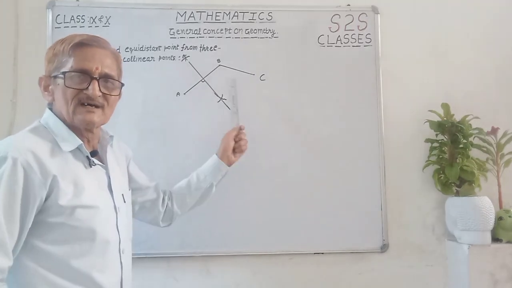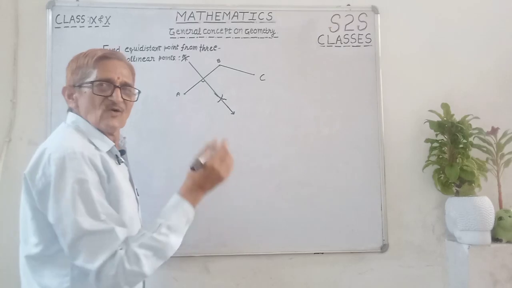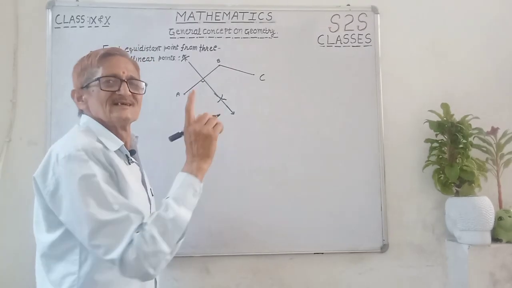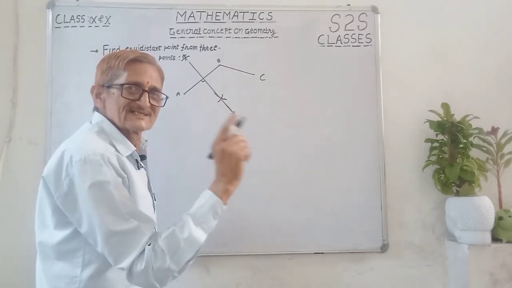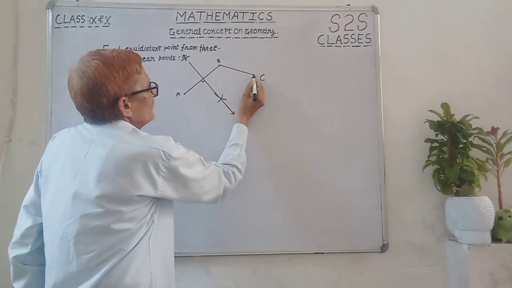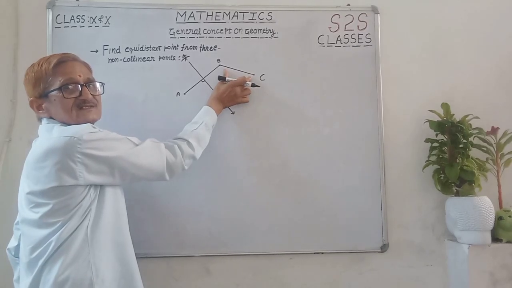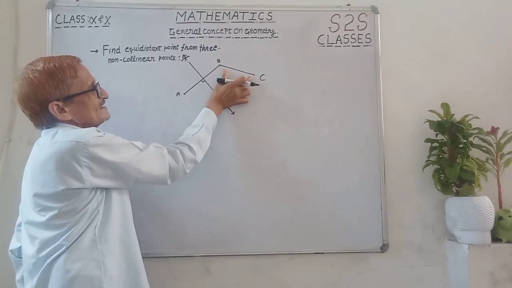Similarly, we can draw the perpendicular bisector of BC. Same, open the compass to a distance more than half of BC, and put the needle of the compass at C and take a distance more than half of BC, meaning the same little more than half.